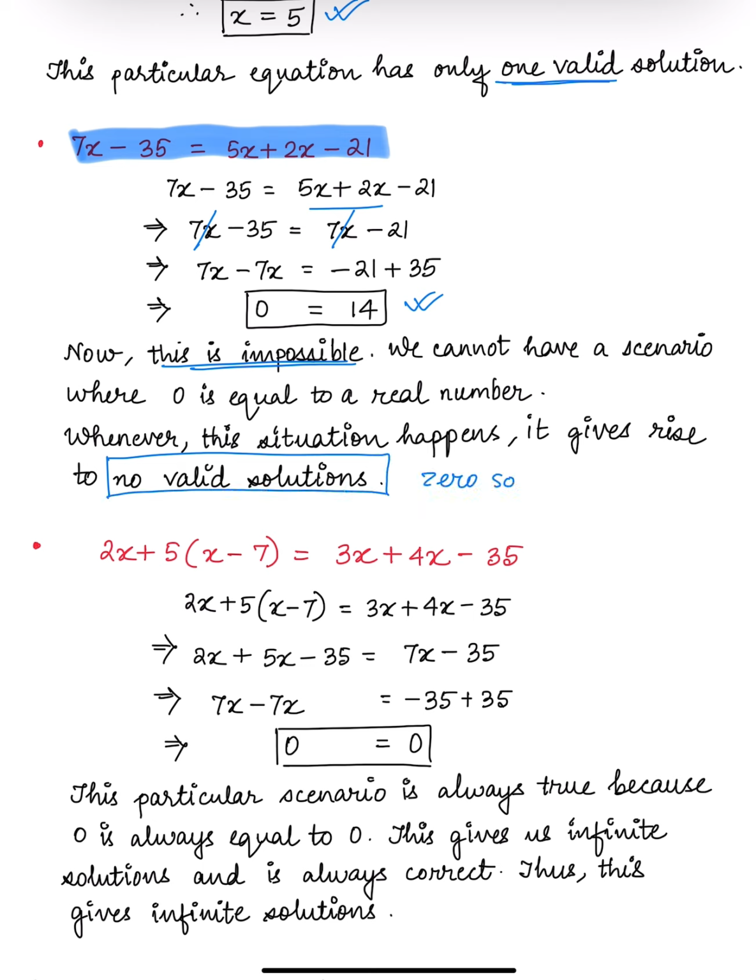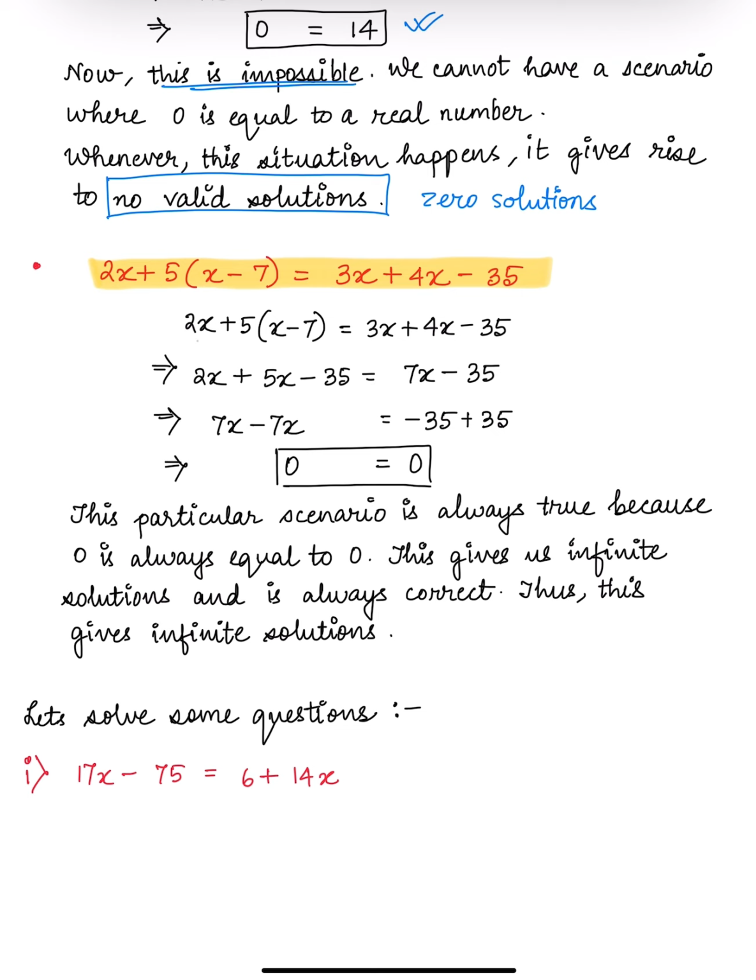Now the third part is this, that when we have these type of equations where we can just solve them as it is. Let's see, 2x plus 5x minus 35 is 7x minus 35. So basically 7x, this is also 7x, this is also 7x, this can get cancelled, and minus 35 and minus 35 also gets cancelled.